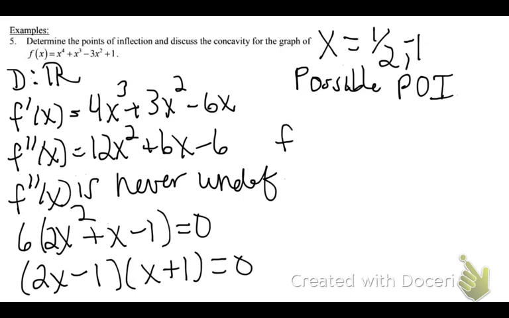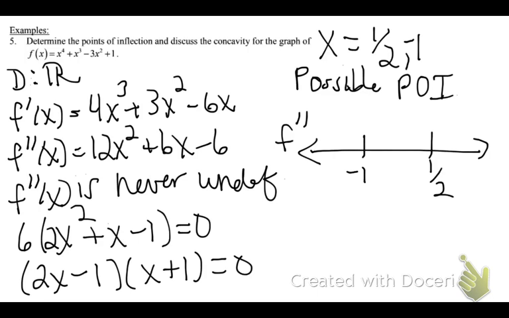So we're going to test these on a number line with the second derivative. We're going to plot those possible points of inflection, and then plug a test value into that second derivative.